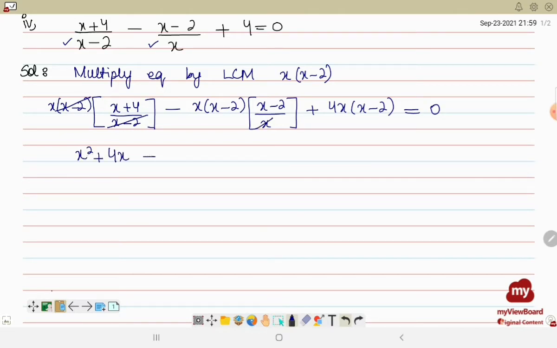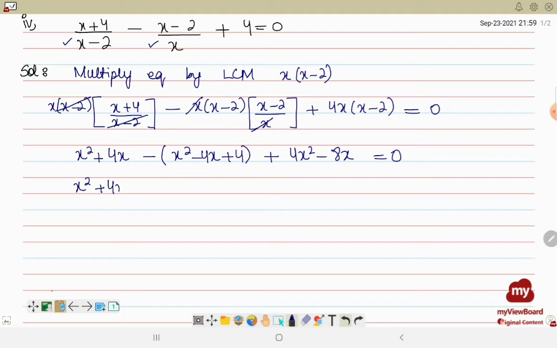Here x will be cancelled by x and you are left with x minus 2 into x minus 2, which will become our algebraic identity. It will become x square minus 4x plus 4, and when we solve this bracket, 4x square minus 8x equals 0. Let's open up the bracket again.